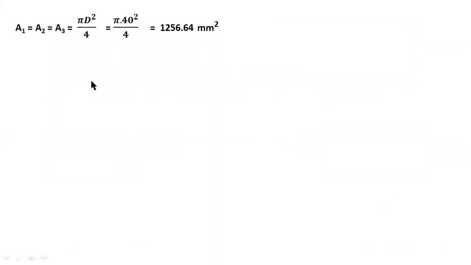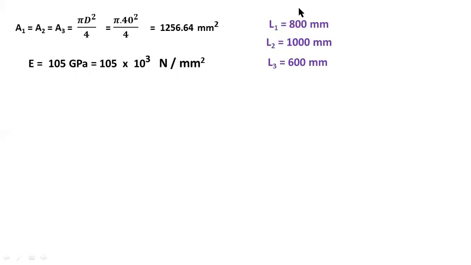Already we found the value of area. So this is the area of the bar, this is the Young's modulus. Already these two values are given in the problem, and L1, L2, L3 are the original lengths. The load acting on the bar AB equals plus 20 kilonewtons, that means tensile load.